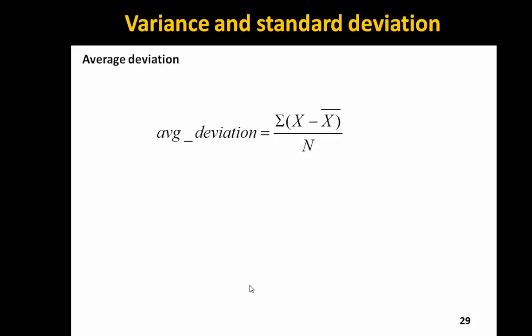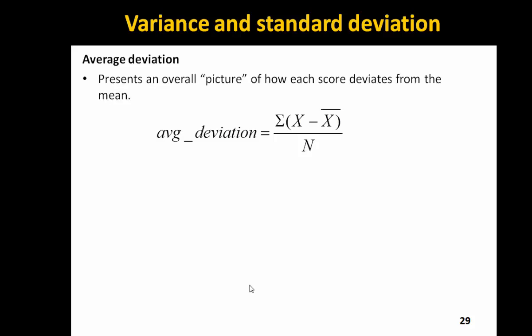One approach here is to calculate something called an average deviation, because each research participant score will deviate by a different amount from the average. We want one number that gives us some indication of how much, on average, each of those deviations are. That gives us the overall picture.